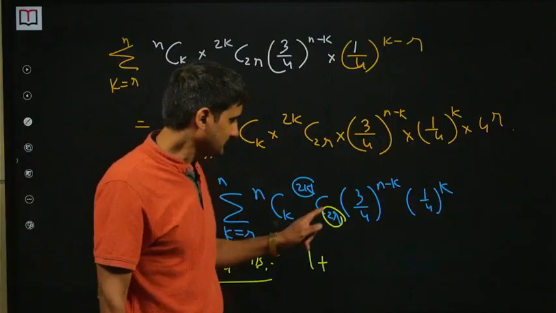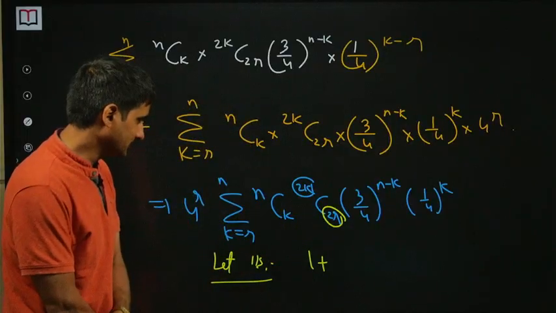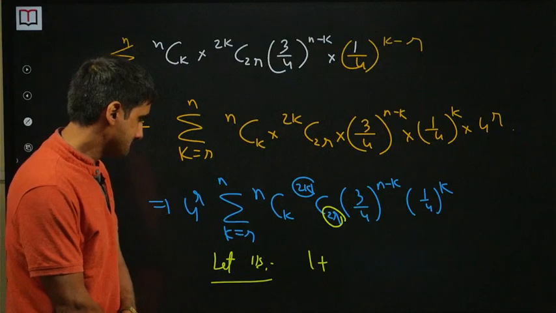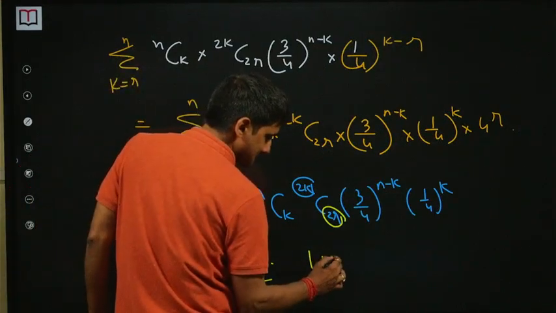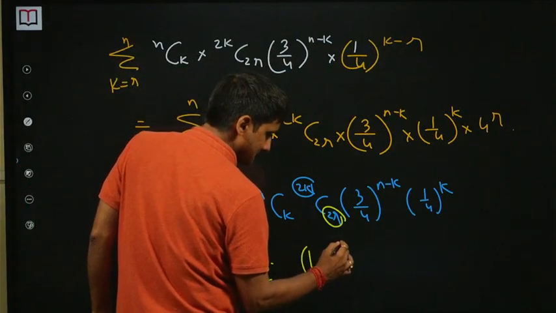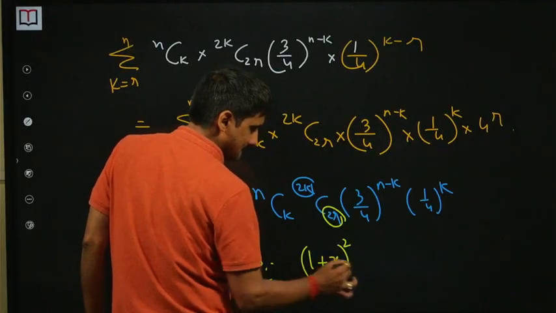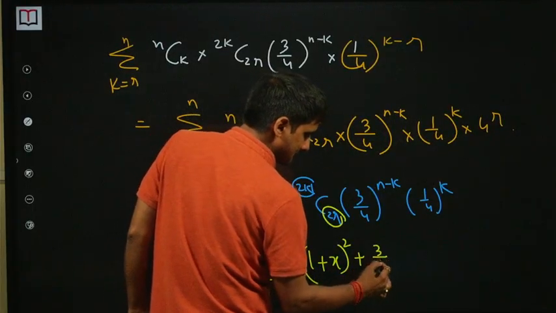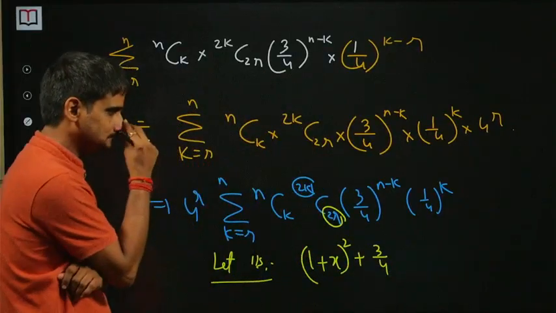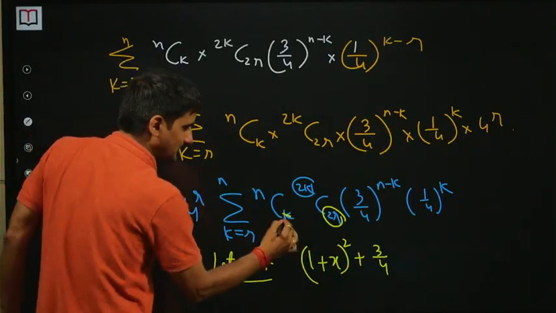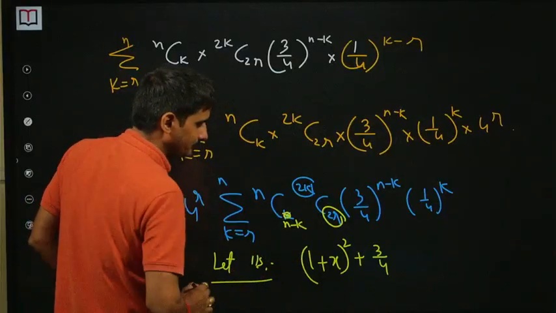So in every term, we look for the coefficient of x raised to the power 2r. And I can very well write it as n minus k.